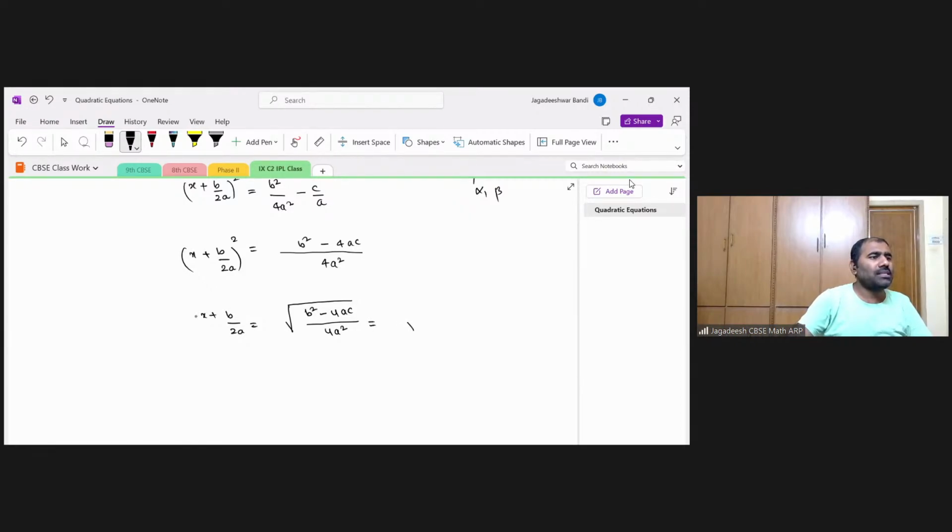So we get square root of b square minus 4ac whole divided by 2a. So here we have applied square root.